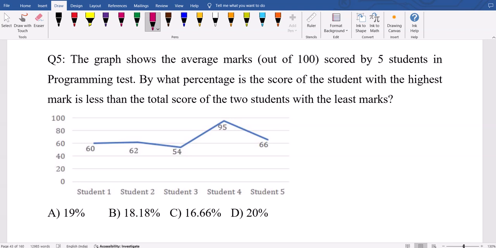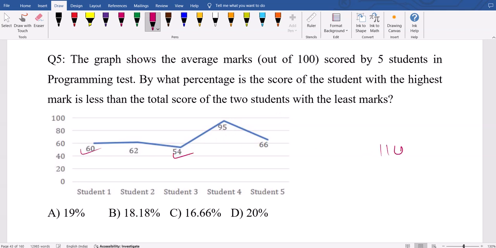Here, by what percentage is the score of the student with the highest marks less than the total score of the two students with the least marks, for 100 scored by 5 students? So the total of the two students with the least marks is 54 and 61.